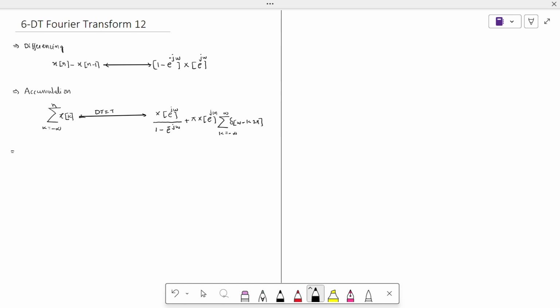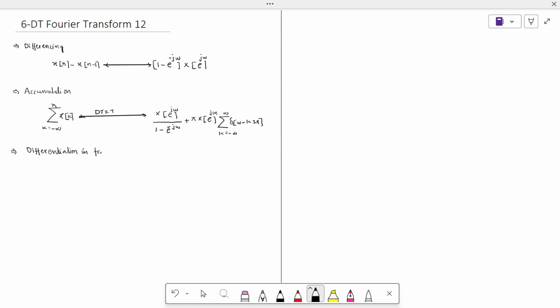Next, differentiation. In the time domain the signal is discrete, so we can't do differentiation, but the discrete time Fourier transform is continuous, so we can differentiate in the frequency domain.